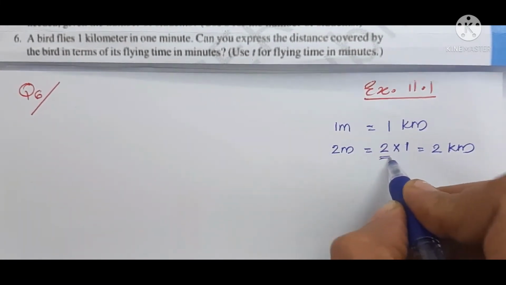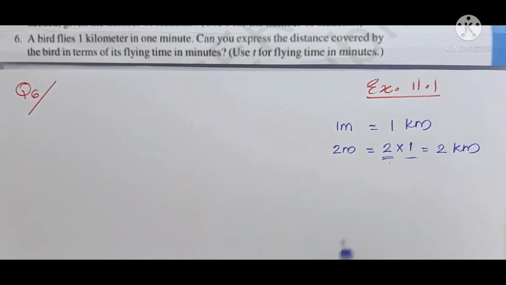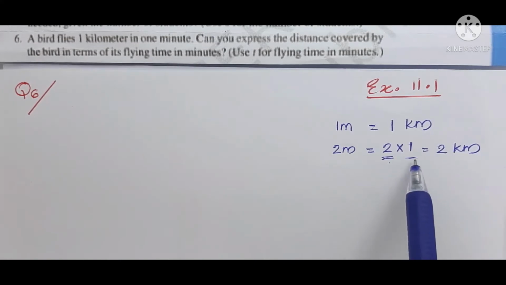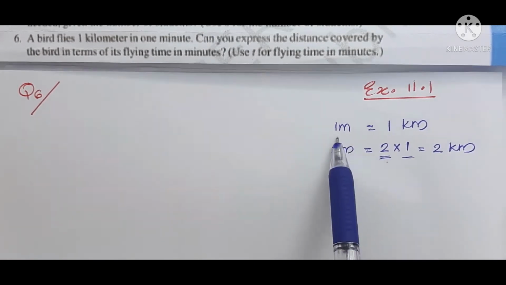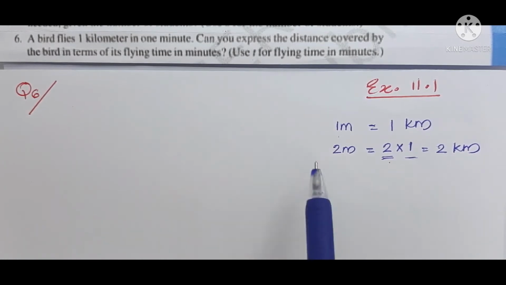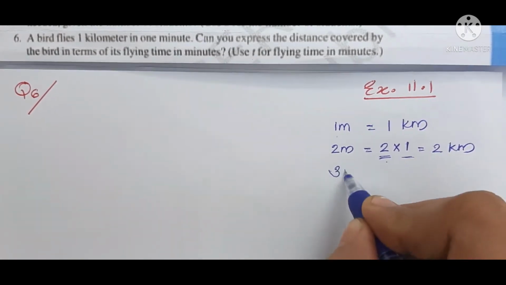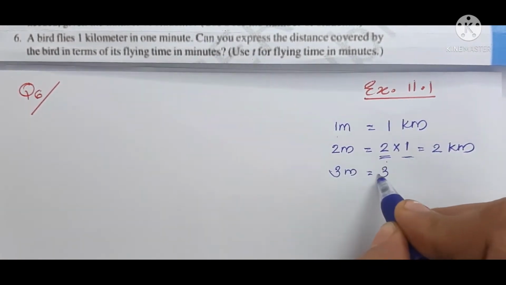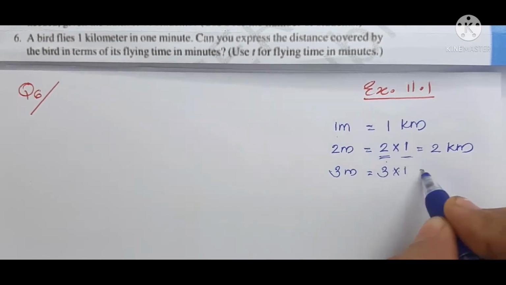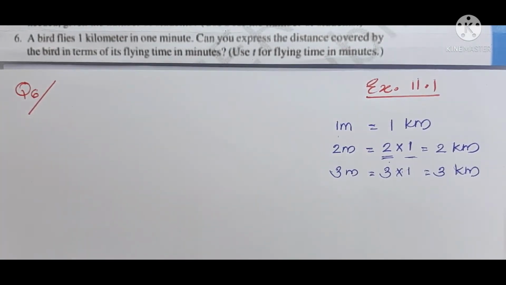Here 2 is the time taken by the bird and 1 is the distance travelled by the bird in 1 minute. So, in 2 minutes, the bird travelled 2 kilometers. So, suppose in 3 minutes, the bird travelled 3 into 1, that is equal to 3 kilometers, right?